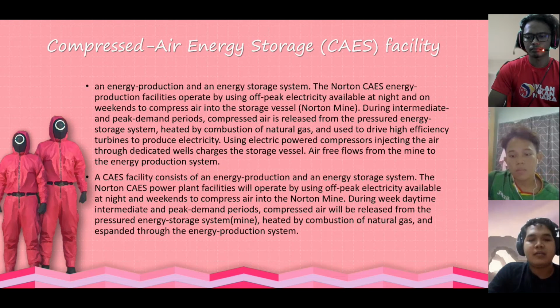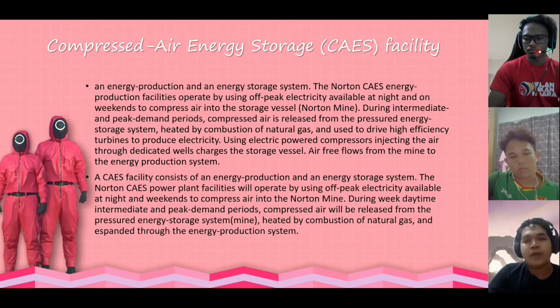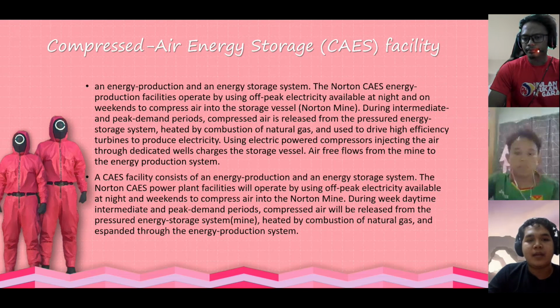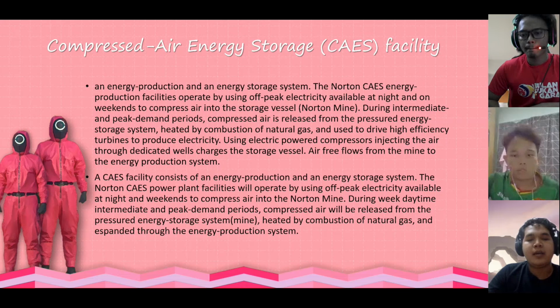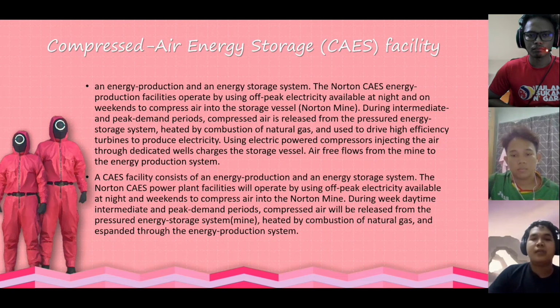The Northern CAES power plant facility will operate by using off-peak electricity available at night and weekends to compress air into the northern mine. During weekday intermediate and peak demand periods, compressed air will be released from the pressure energy storage system, heated by the combustion of natural gas, and expanded through the energy production system.